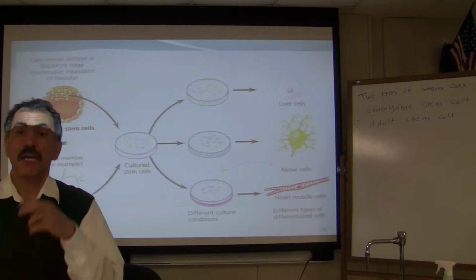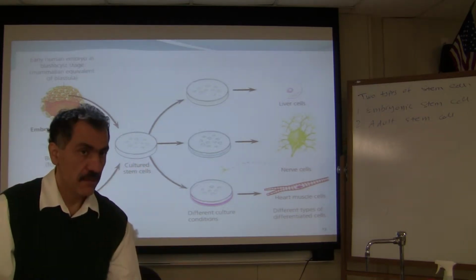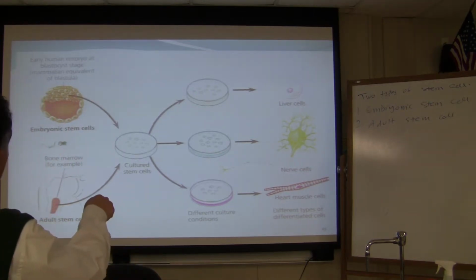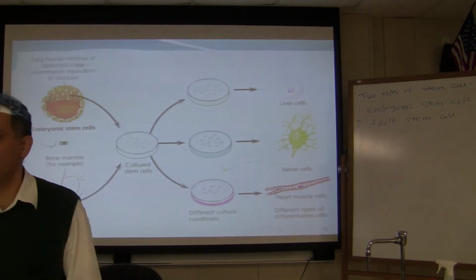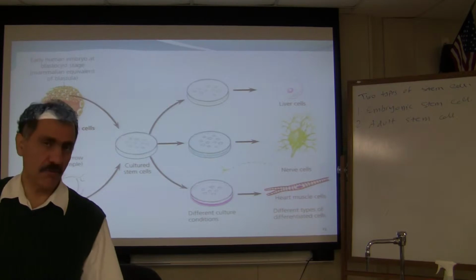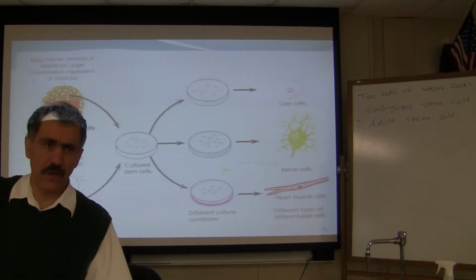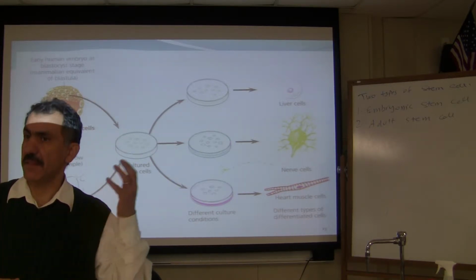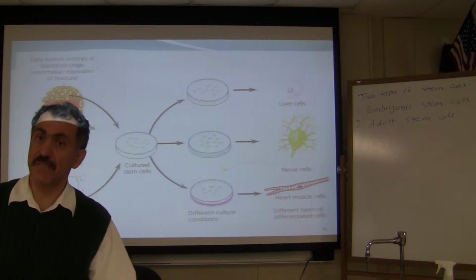In order to do that, they have to make a lot of these blastula, or blastocysts in the case of humans. In one ejaculation there are about 100 million sperm. And the eggs, they take a lot of eggs from females.